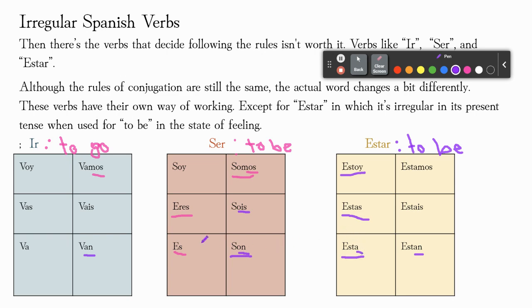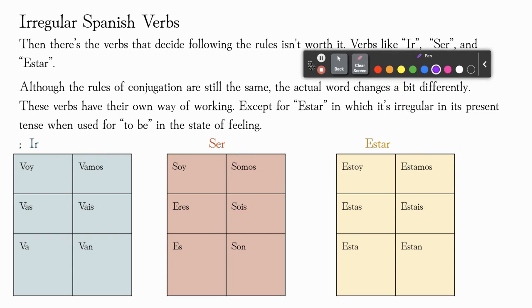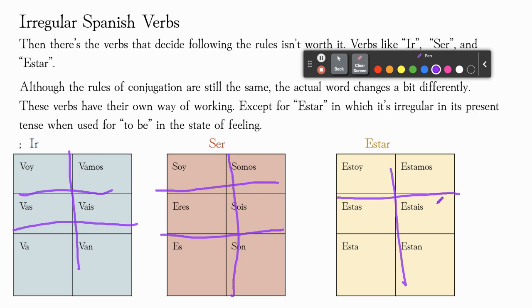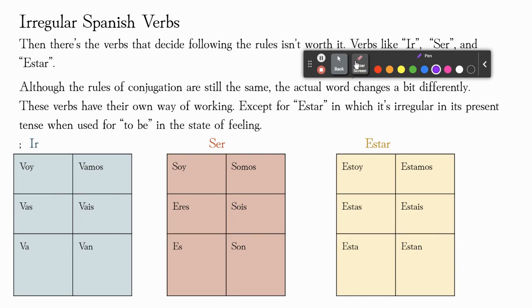Then the nosotros is estamos, again the MOS. The vosotros form is estáis, which is again in Spain. Then the ellos, ellas, and ustedes form is están. These are a bit complicated, but they're really helpful to memorize. You can always use the chart or write it down somewhere, but it'll come naturally at some point.